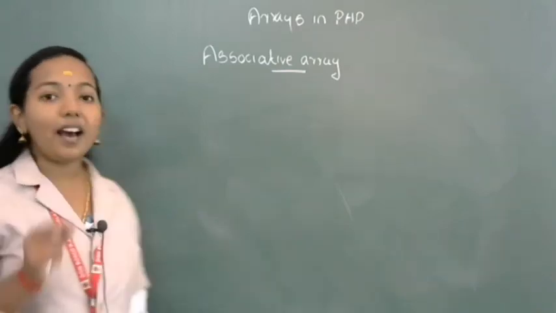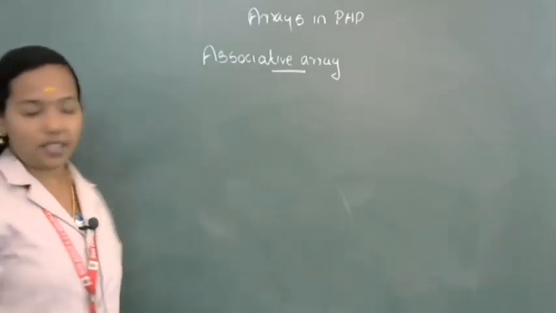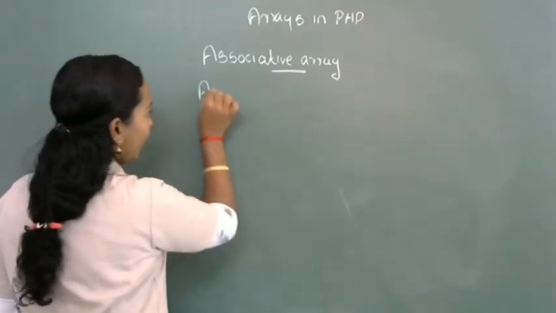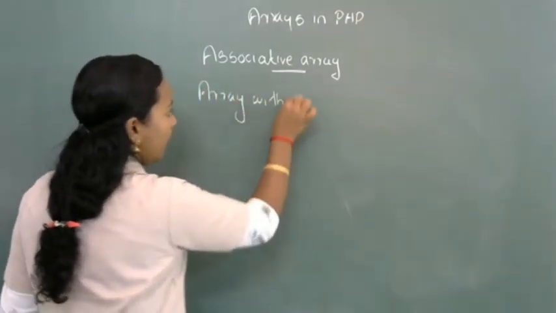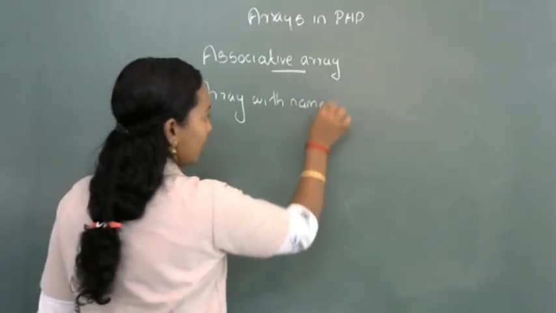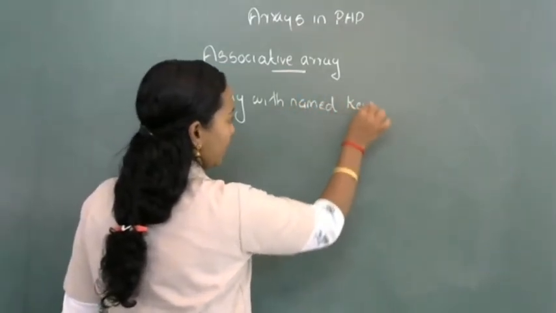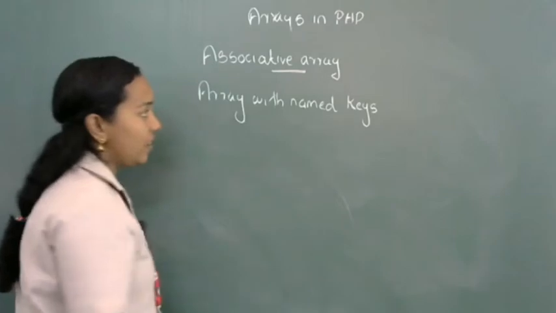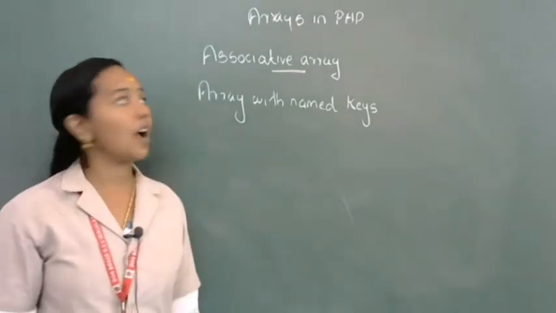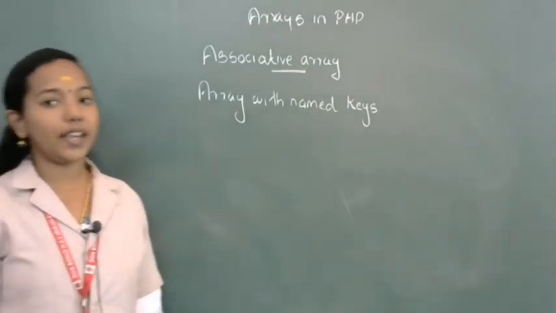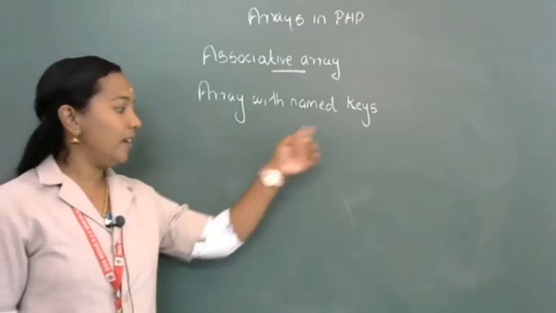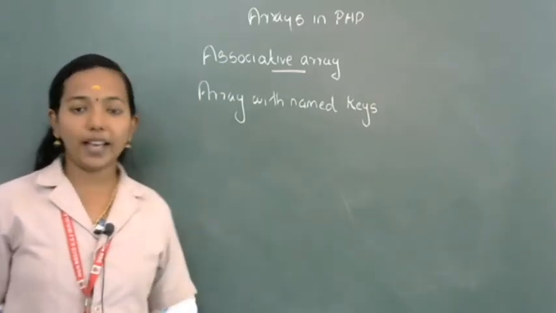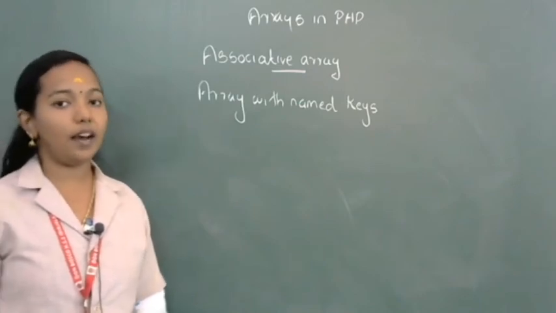Then an array with named keys. Arrays with named keys are known as associative arrays.